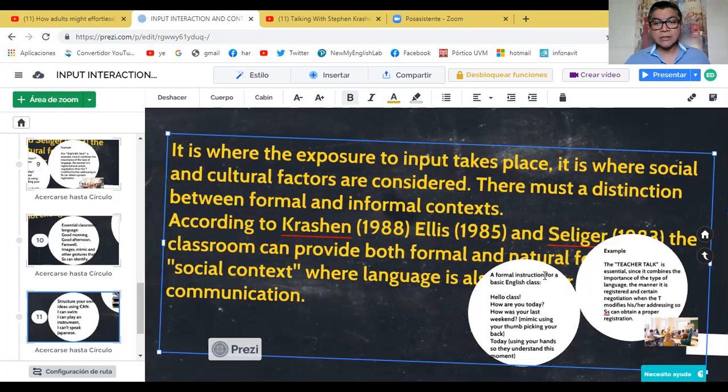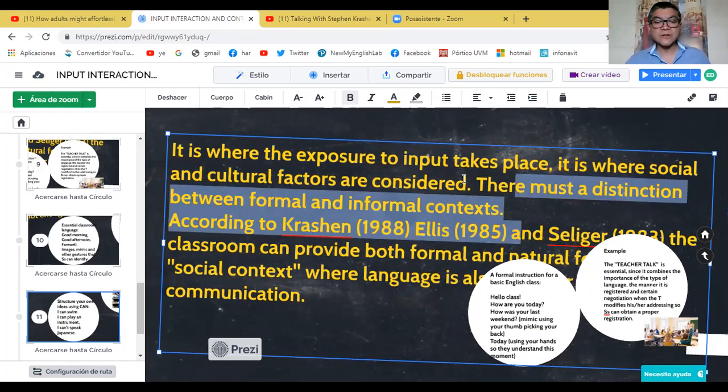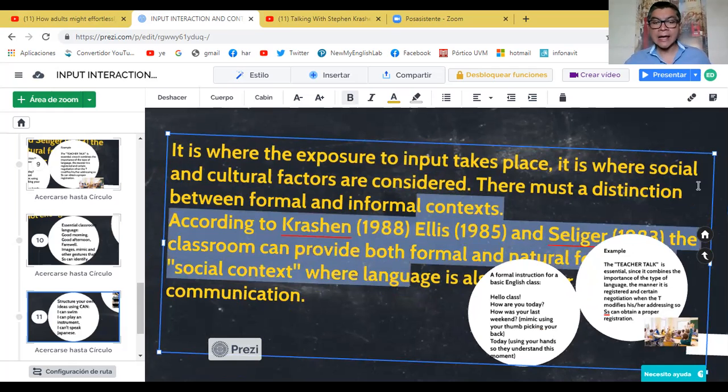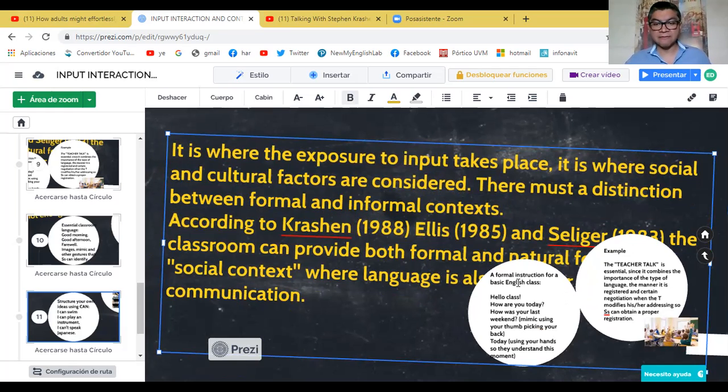According to Krashen and Ellis and Seliger, the classroom can provide formal and natural forms of social context, where language is acquired as efficient communication. We have an example provided.